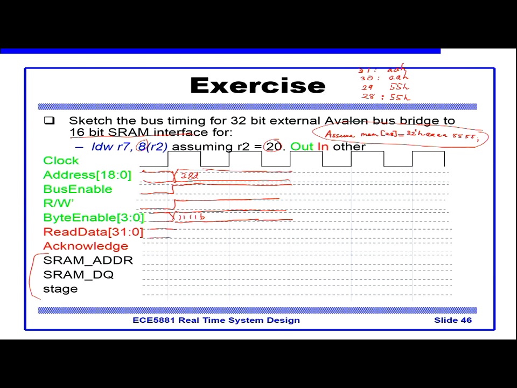If we assume that we're going to get the low order 16 bits first, that's these here, then you would assume we would see this appear on the read data at some stage.